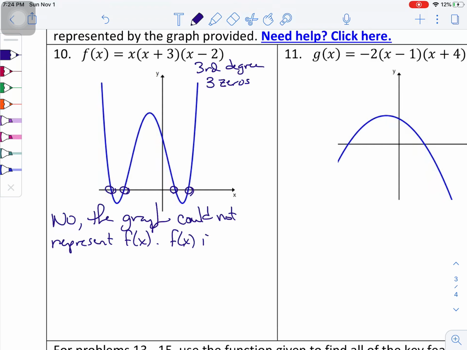So f of x is a third degree polynomial with exactly 3 zeros.